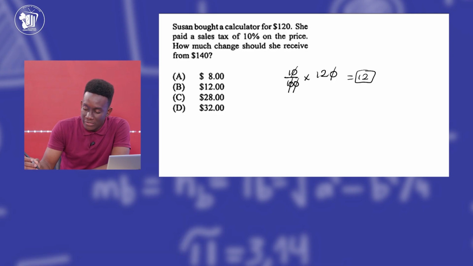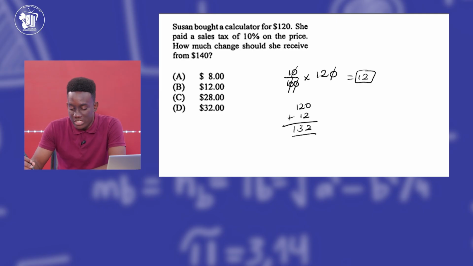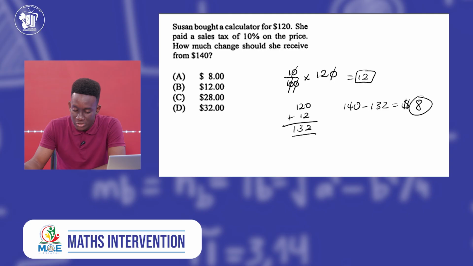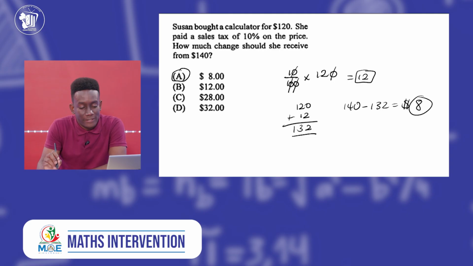So the price that she'll pay for the calculator would be 120 plus 12, which would be 132. So she paid $132 for the calculator. This is inclusive of the tax. So the change that she would receive would be 140 minus 132, which would give me $8. So she would receive $8 change from the 140.